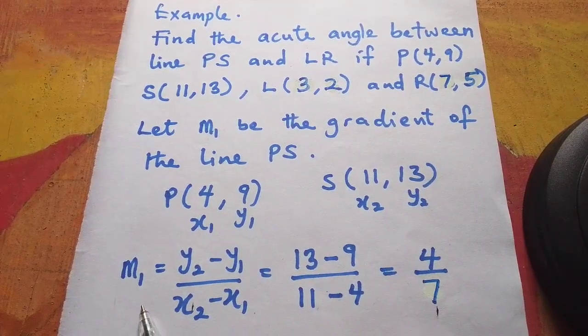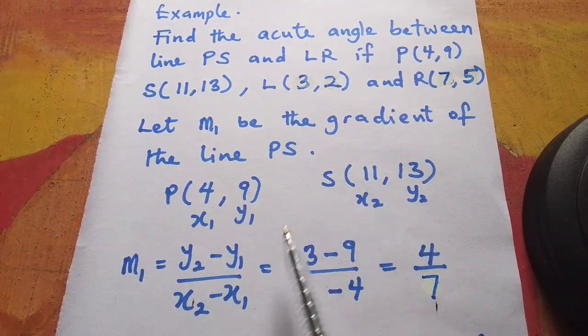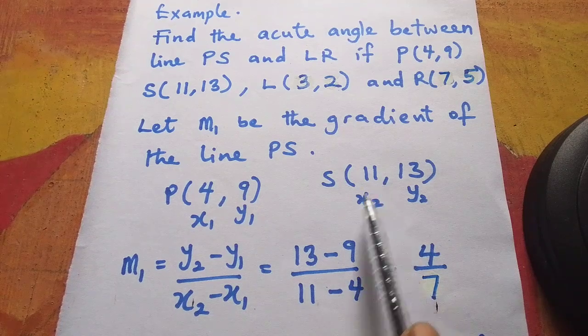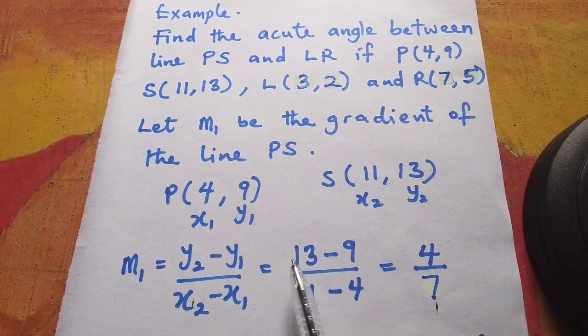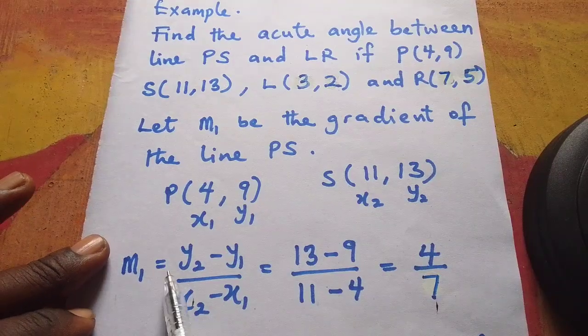We substitute into the formula for the gradient: y2 minus y1 over x2 minus x1. So 13 minus 9 over 11 minus 4. 13 minus 9 is 4, over 11 minus 4 is 7. 4 divided by 7. That is the gradient m1.